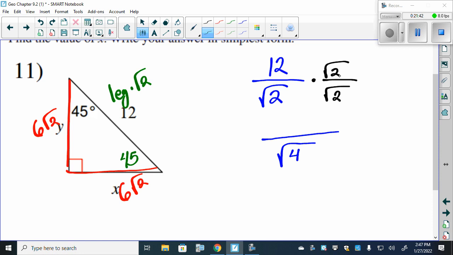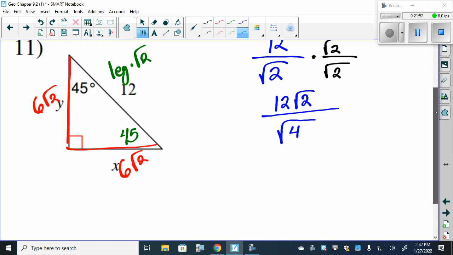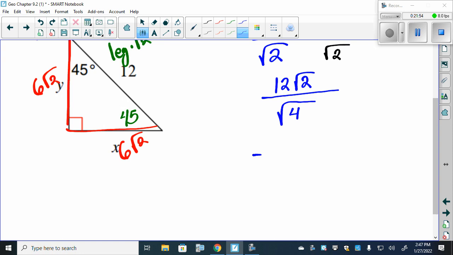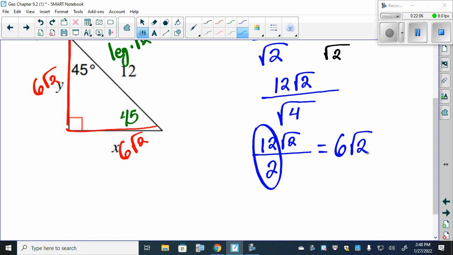So really, we're multiplying this fraction by 1. So it's not going to change it. Now the numerator becomes 12 square root of 2. Well, what is the square root of 4? 2. Well, 12 divided by 2 is what? So we get 6 square root of 2.